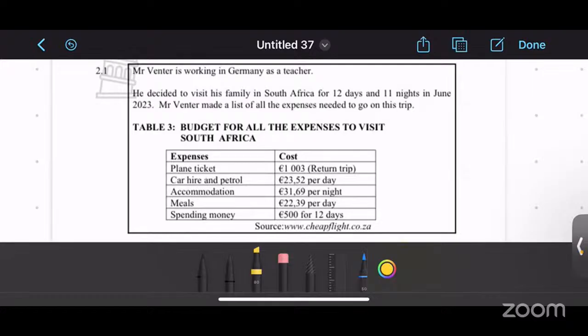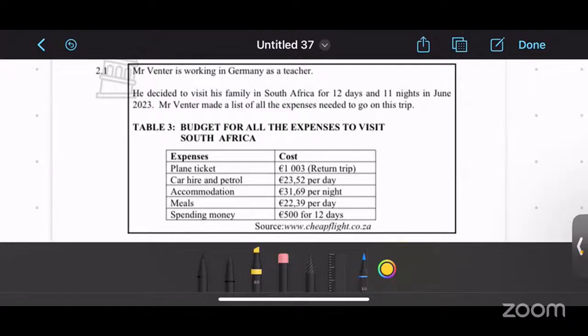So you took the plane ticket, which is 1,000, and then the car hire and petrol, and you multiplied it by 12. The accommodation by 11.